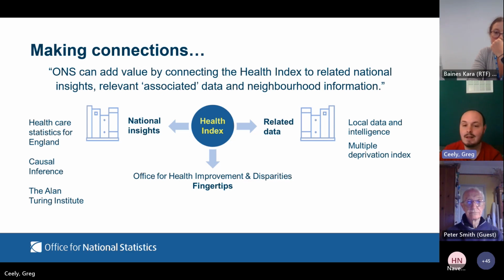So we plan to make the Health Index available through other dashboards, such as OHID's Fingertips tool or NHS's Model Health System. We also plan to improve the search terms for healthcare statistics, which is a tool that signposts to statistical publications, irrespective of which government department produced them. And this will make it easier to connect from a Health Index topic to other relevant stats.